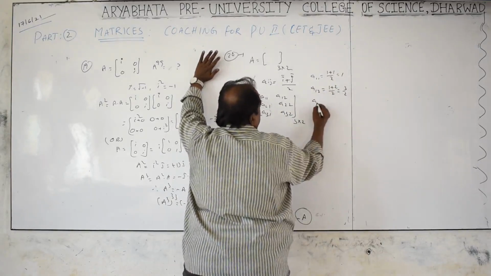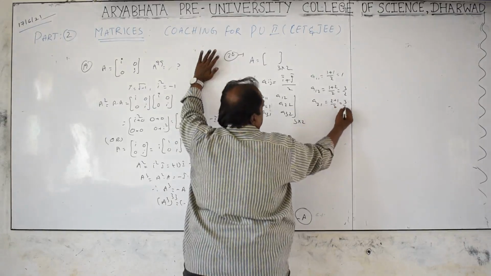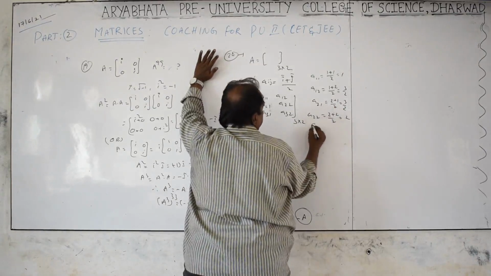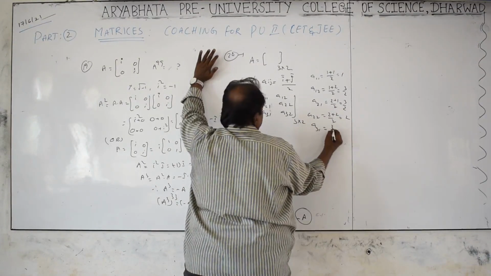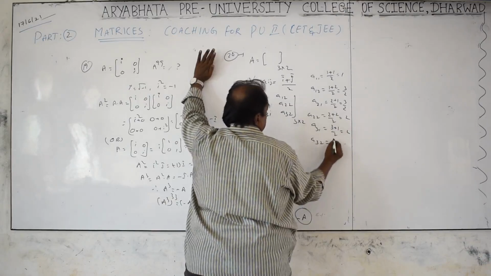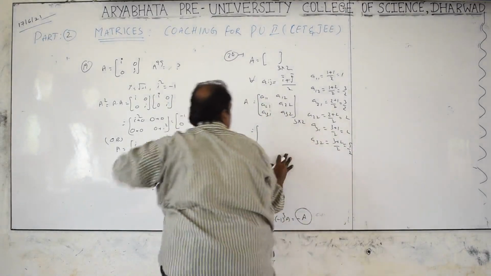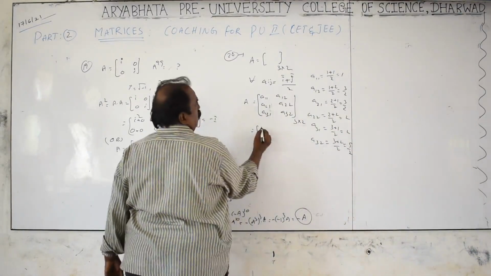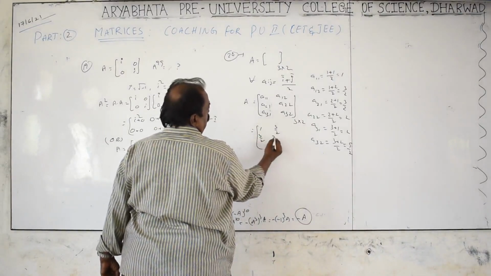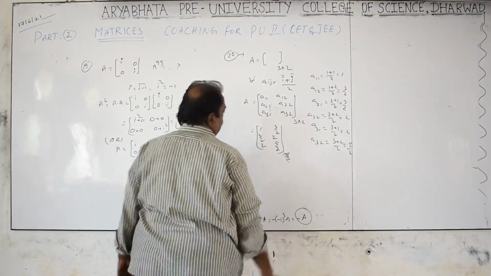That is 3 by 2. a21 is (2 plus 1) by 2, is 3 by 2. a22 is (2 plus 2) by 2, is 2. a31 is (3 plus 1) by 2, is 2. a32 is (3 plus 2) by 2, is 5 by 2. Okay, na? So here it is 1, 3 by 2, 3 by 2, 2, and 2, 5 by 2 is the correct one.